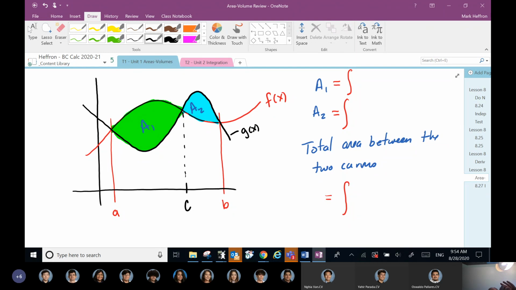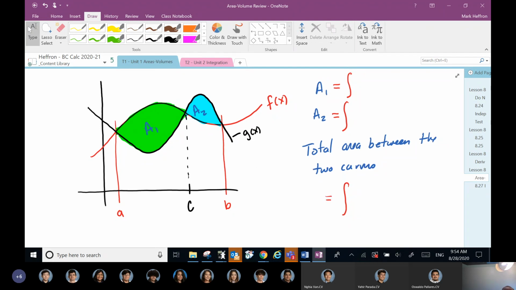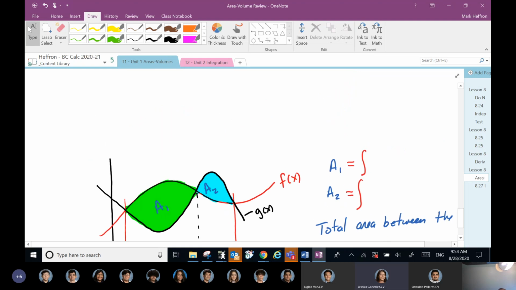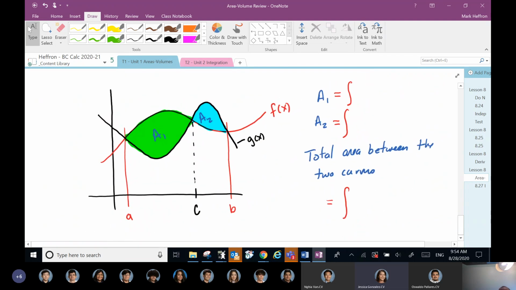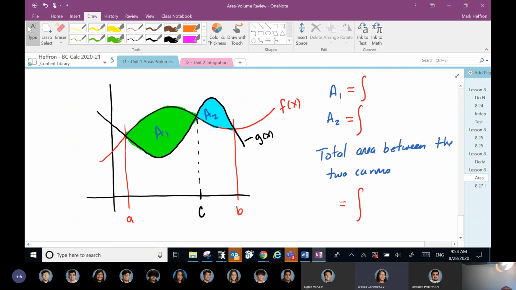Jessica, what do you think that first area 1 is? Would it be the integral from A to C, but minus probably the bottom area? So tell me more, I've got a parentheses in here and a dx. What should go in that parentheses?